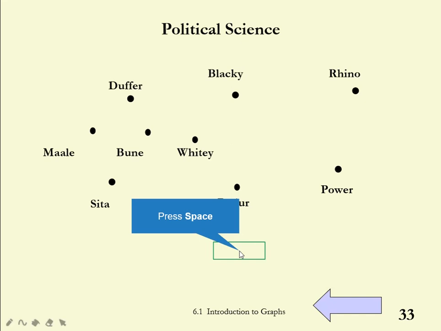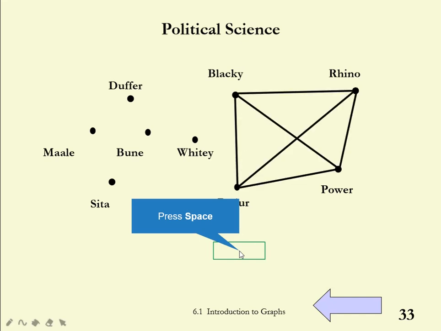These dots are vertices. Now when you go to the second statement, if you go back to the video and read the second statement again, you will see that among Blackie, Rhino, Power, Bahadur and Whitney, the 4 people Blackie, Rhino, Power, Bahadur were together, 4 people sat to play cards. So that is what I can represent.